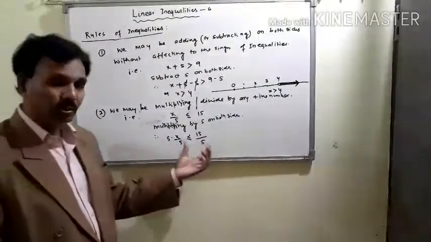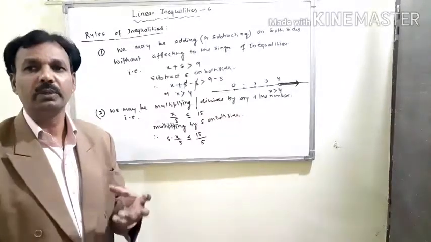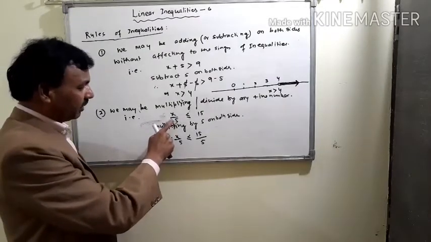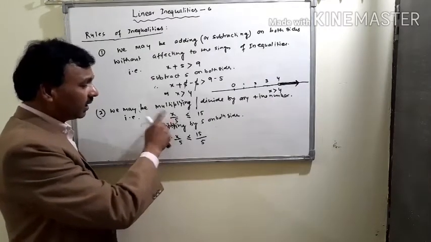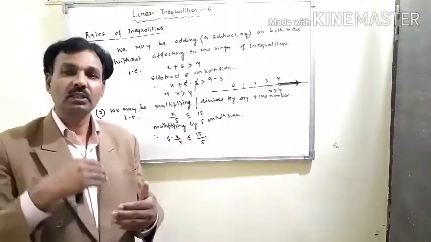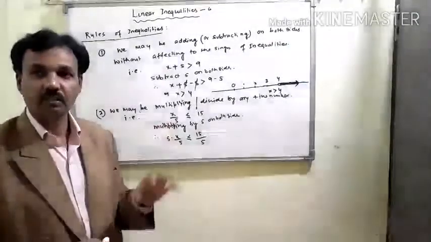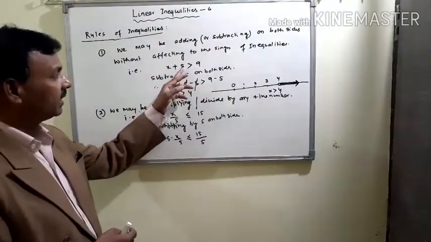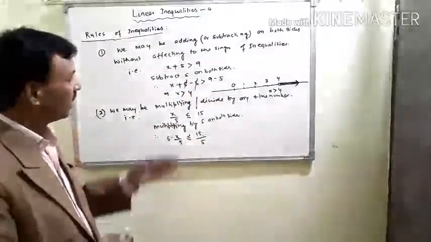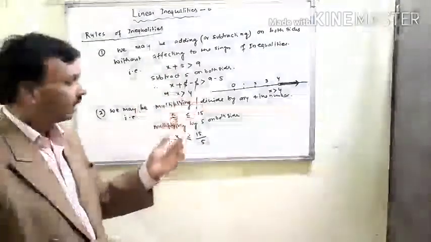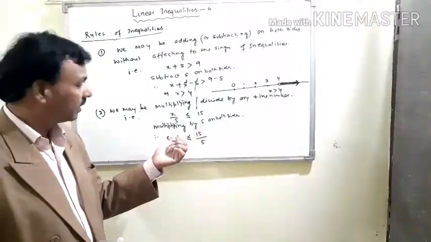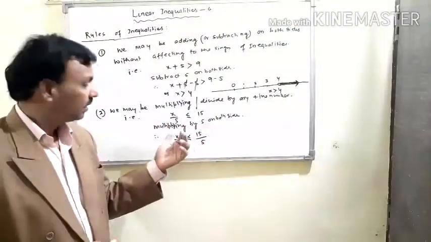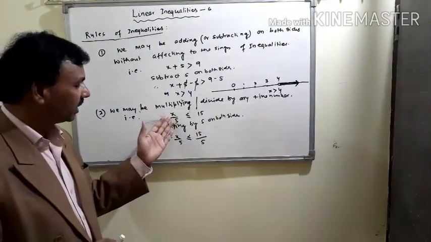The same process is done on both sides, but which process do we take? Since x upon 5 means x is divided by 5, we take the opposite process, so we multiply. If it is addition, we take subtraction; if subtraction, we take addition; if multiplication, we take division.